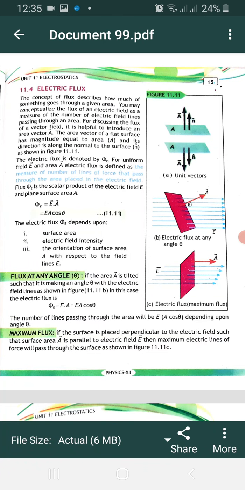Before electric field lines we discussed electric field intensity, which is a mathematical and quantitative demonstration of the electric field produced by electric charge, and that concept was given by Michael Faraday. Okay, so today we are going to discuss quantitatively how to measure the electric field lines, right?